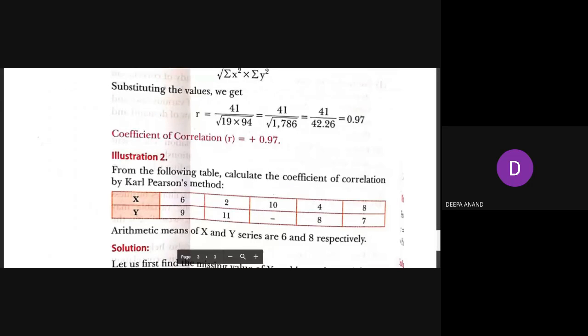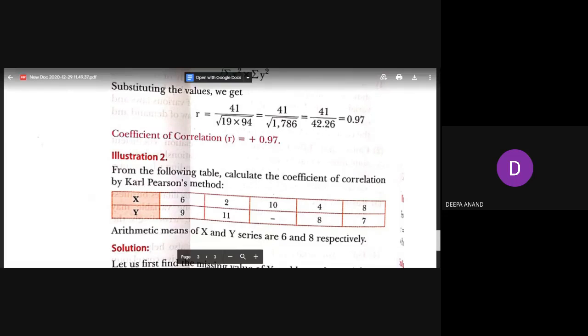You always know the total is average into the number of items. So here the total must be 8 into 5, that is 40. The total should be 40, and by adding the available data we get only 35.